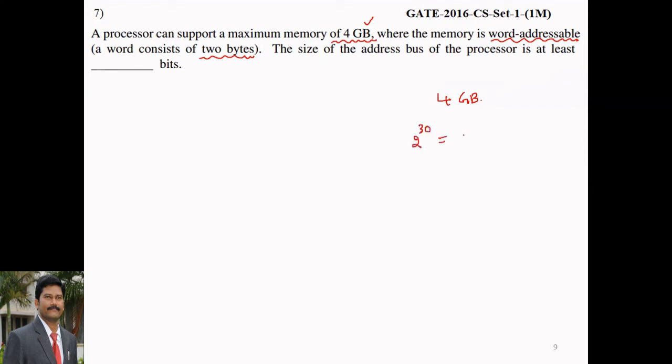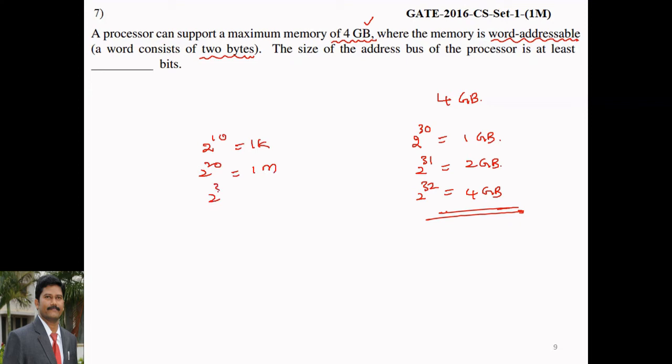2 power 30 equals 1 giga, we generally know. 2 power 31 equals 2 gigabytes. 2 power 32 equals 4 gigabytes, we know already. Remember that 2 power 10 equals 1 kilo, 2 power 20 is 1 mega, 2 power 30 is 1 giga, 2 power 40 is 1 terabyte.